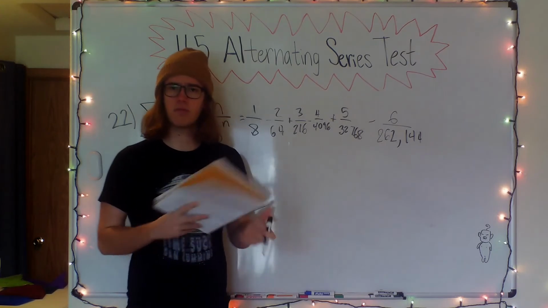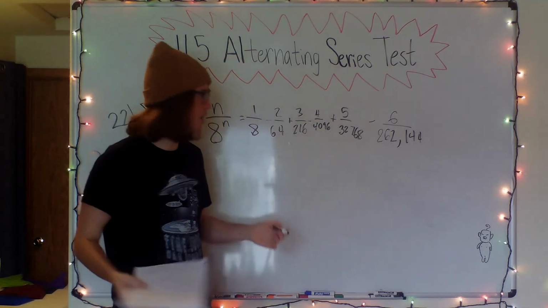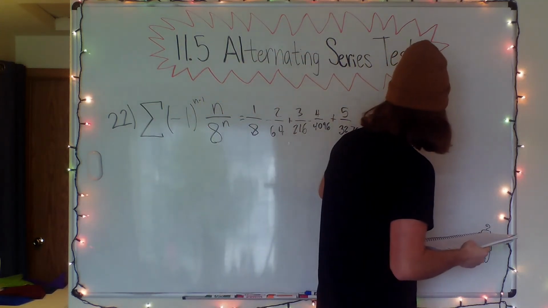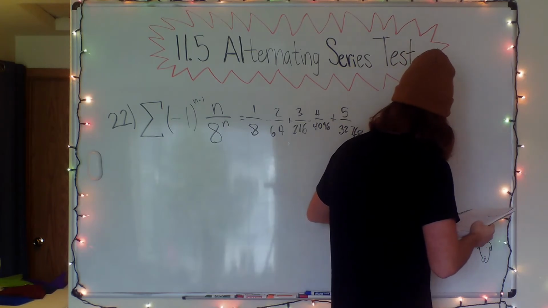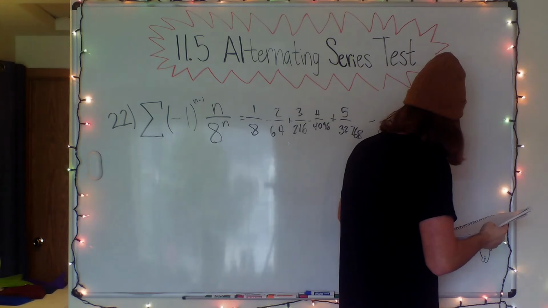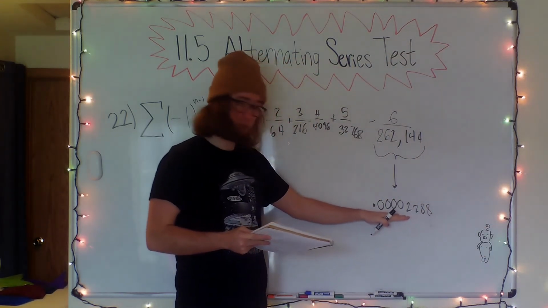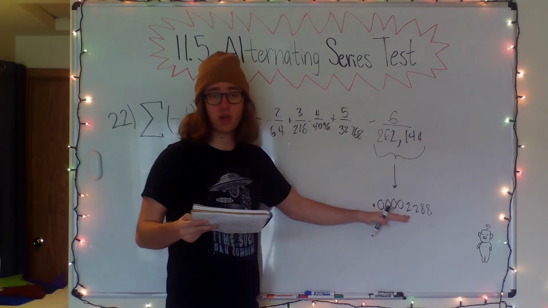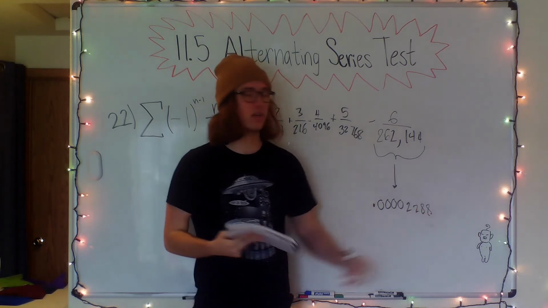I looked up beforehand what these are, so you don't see me just typing into a calculator. This is going to equal 0.00002288. And this is 0.0000 to 4 decimal places, so we have four zeros in the decimal places.